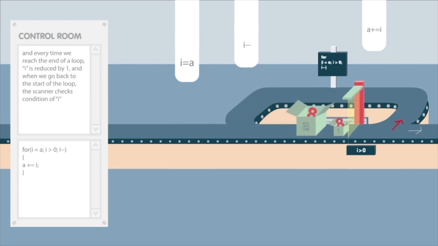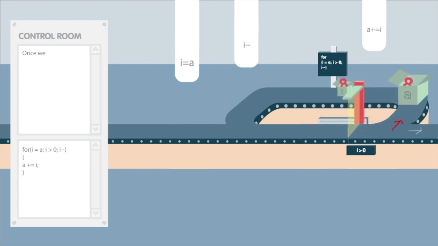And when we go back to the start of a loop, the scanner checks the condition of i being greater than 0.